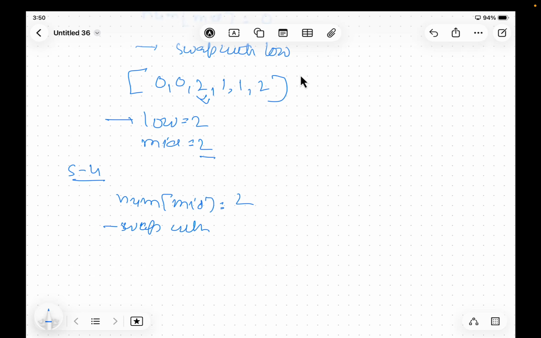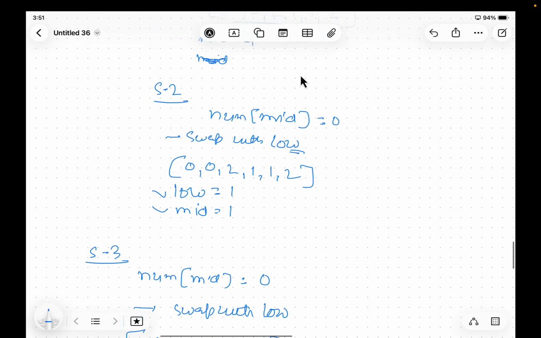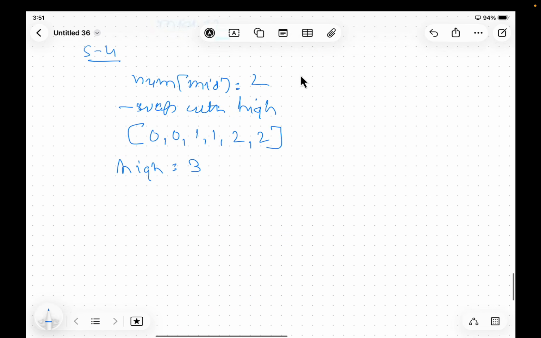Okay, so if I'm going to swap with high, it will become 0, 0, 1, 1, 2, 2. Correct? So when we are swapping with the high, I am going to change only high. So now my high becomes 4 minus 1, that is 3. Earlier it was on 4, if you see on the top. Okay, so now this becomes 3. There is no change now.